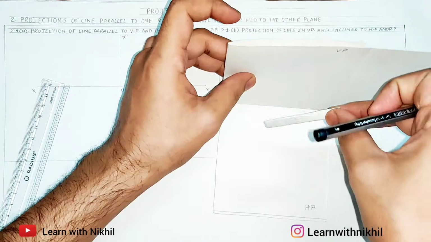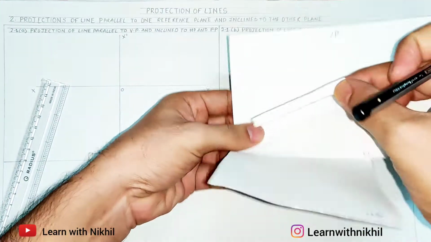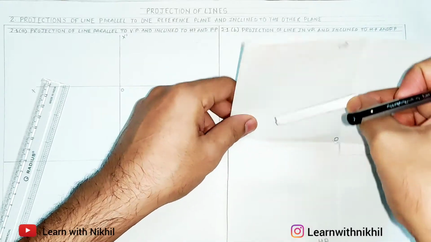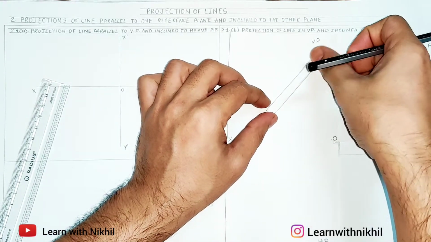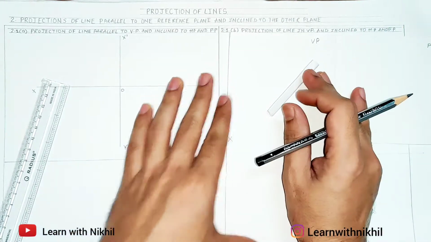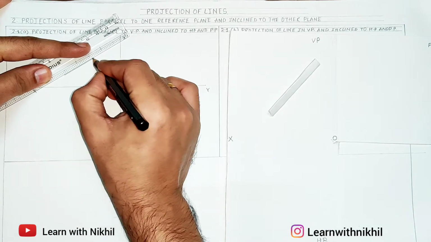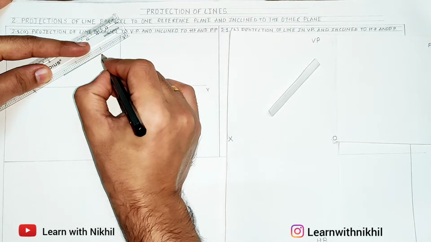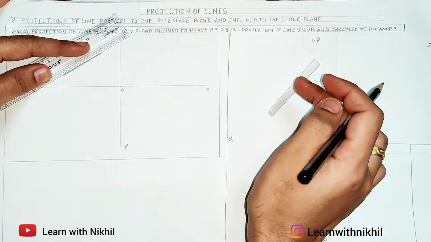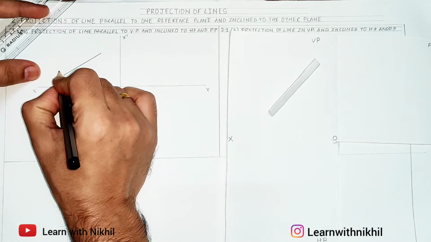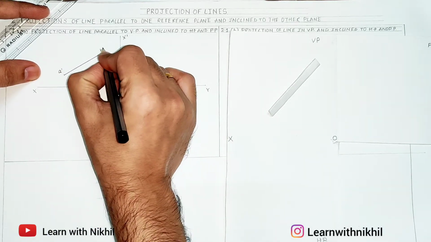The angle is not given here, we'll just assume an angle like this. So this is how the line will look in the front view. So I am drawing a slant line. These points will be A dash, B dash.